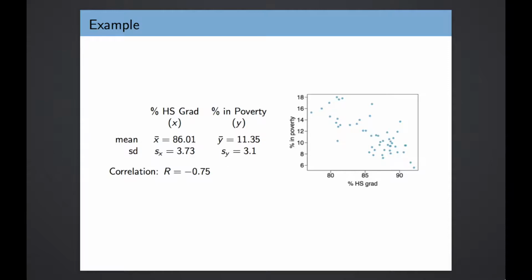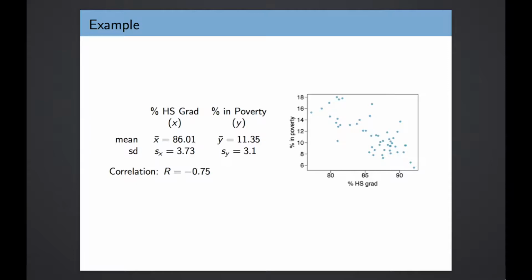Let's return to our example to talk a bit more about how we find and interpret the regression line. So remember, we're looking at the relationship between the high school graduate rate and the percentage of people living in poverty in each of the 50 states plus Washington, D.C. So here is some summary data about those variables. The mean high school graduation rate is 86.01%. That has a standard deviation of 3.73.